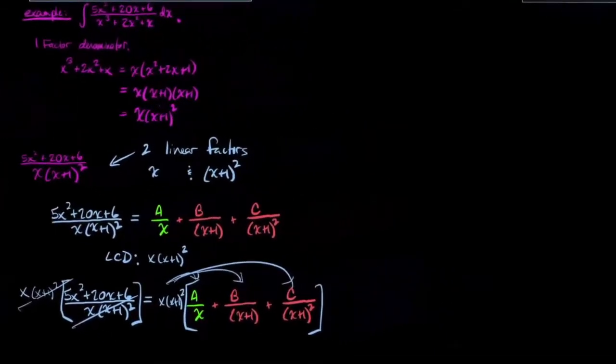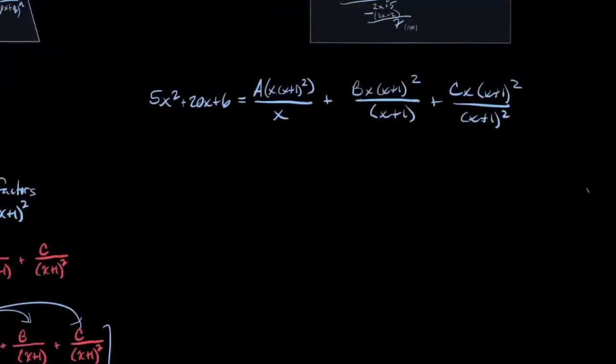So what we end up with here would be 5x squared plus 20x plus 6 is equal to, and then when we distribute on the right, we're going to have a times x times x plus 1 squared over x, plus b times x times x plus 1 squared over x plus 1, and then the same for c.